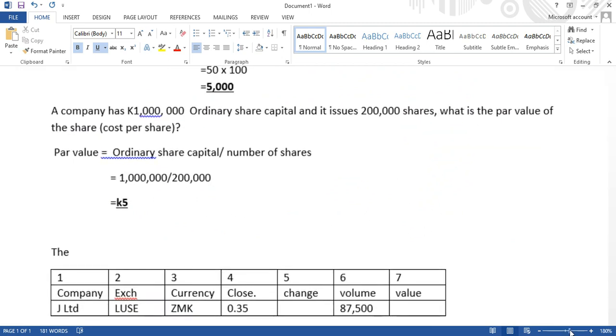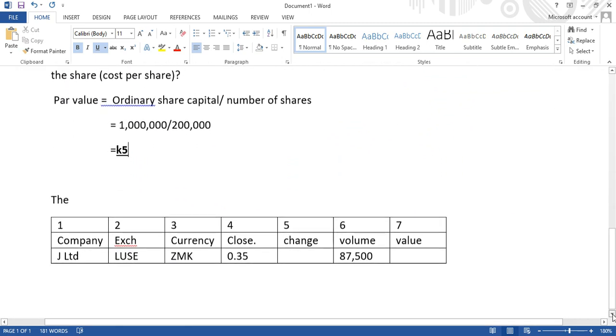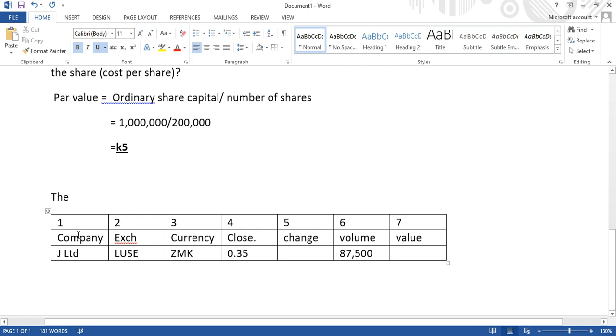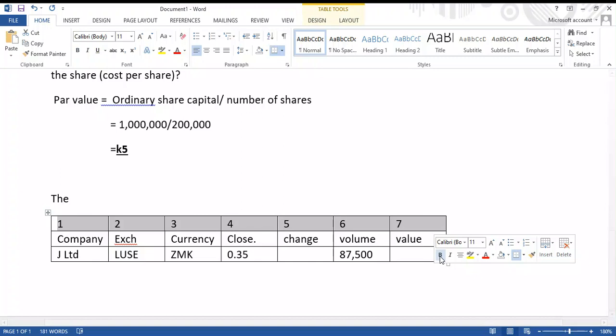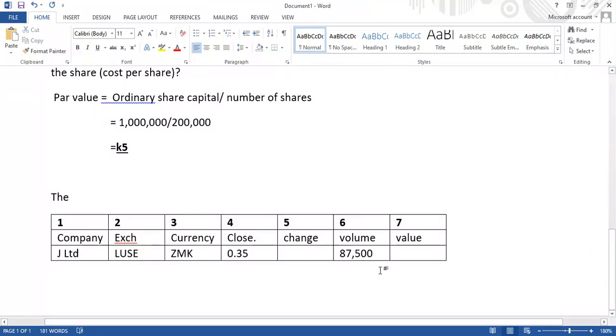All right. So now I just want to explain this table, which is from the stock exchange. Let me just zoom in. Usually, when you go on any securities exchange, you're going to see various tables.